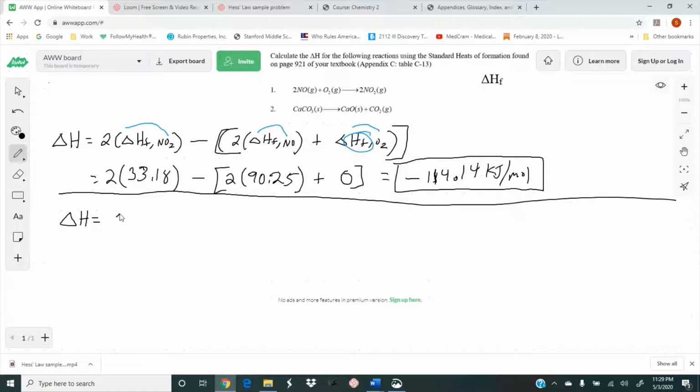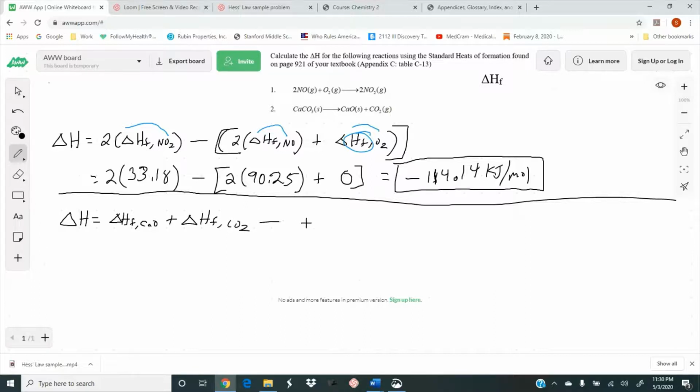There's no coefficients. That makes it a little easier. Remember, products first. So calcium oxide, the first product, plus the heat of formation of carbon dioxide, CO2.